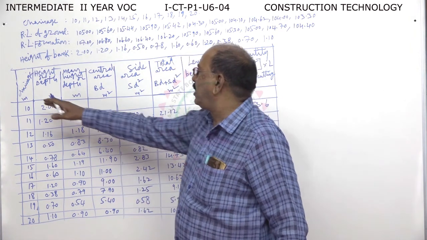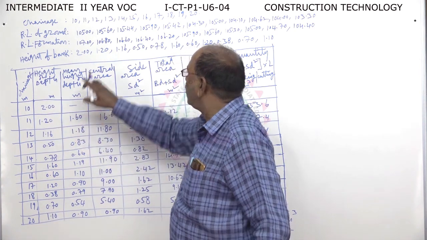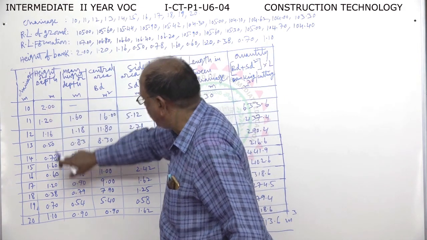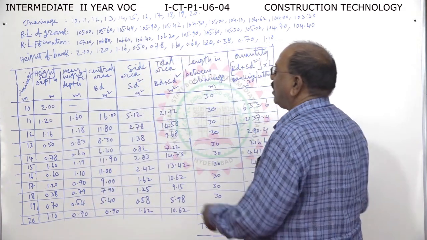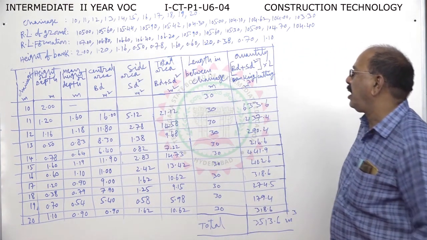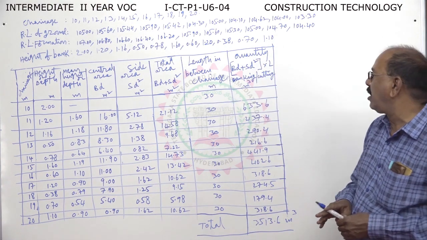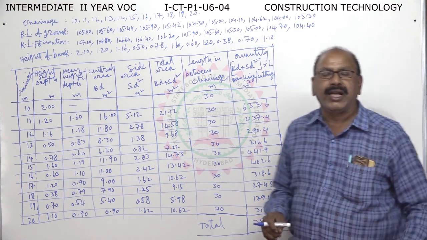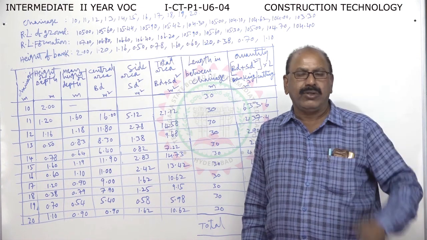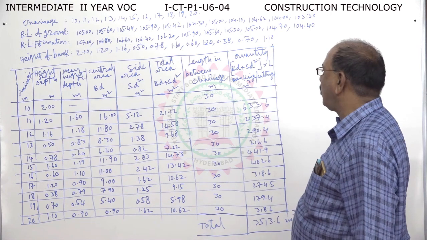That is chainage, 10 to 20 meters. Height or depth, these values I have written from 2 to 1.10. Then mean height or depth, then central area, side area, total area, length in between chainage. Then quantity, BD plus SD square into L. If it is above the ground level, you will get banking. And below the ground level, that means cutting. If you are going below the ground level, you will cut the soil and the road will be formed.